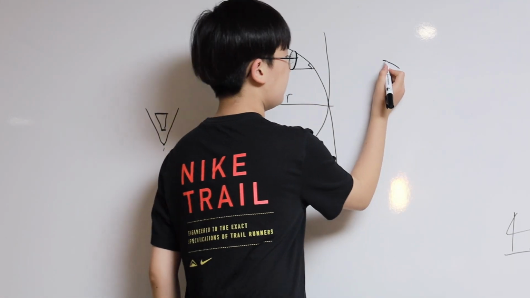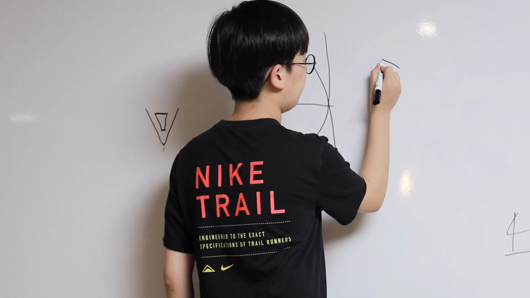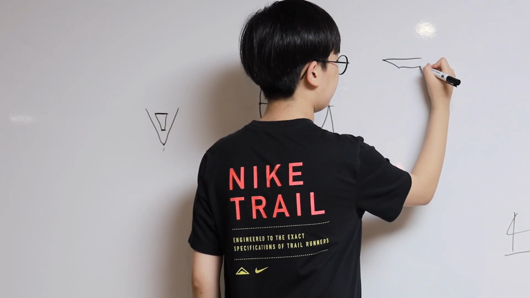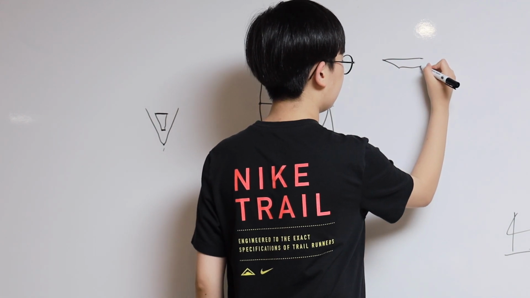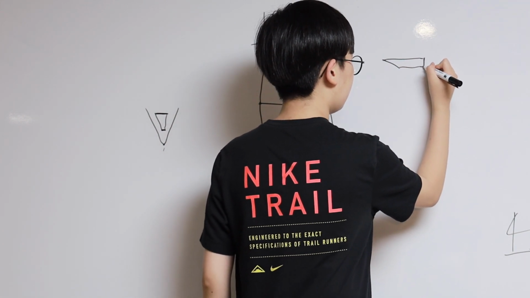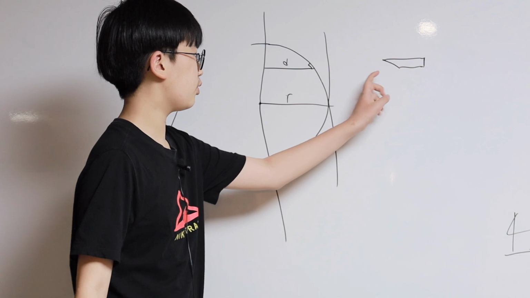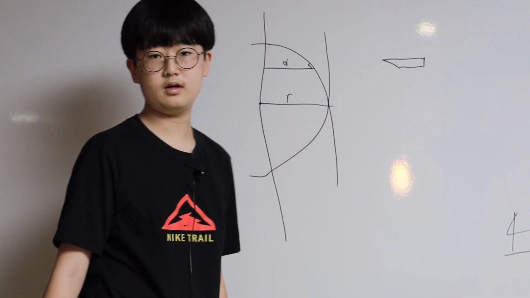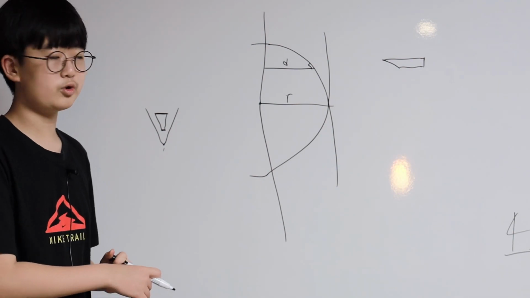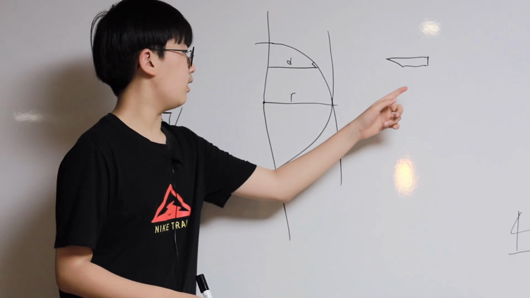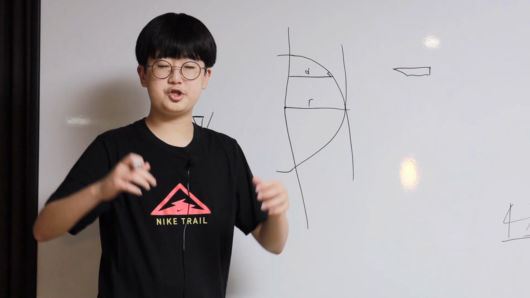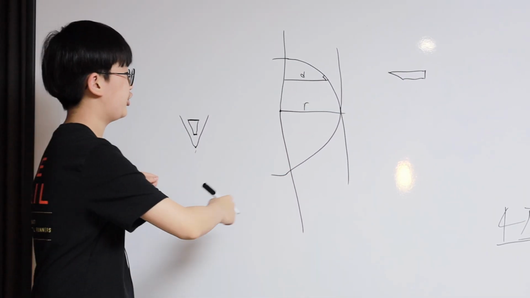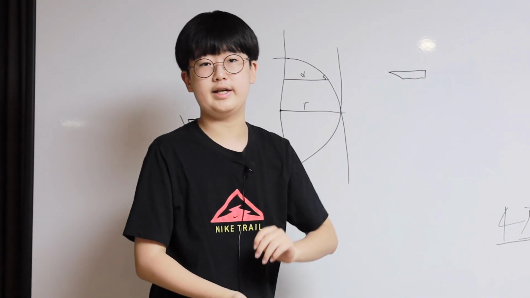If it projects onto the label, the length would be shortened. This length became this length, which is quite a bit shorter. So another part gets squished inwards. One gets stretched out, one gets squished in.